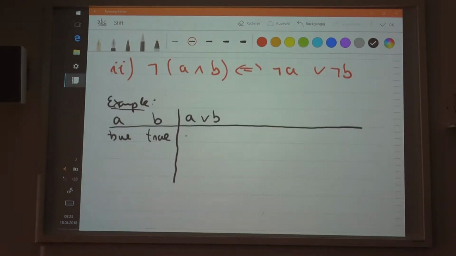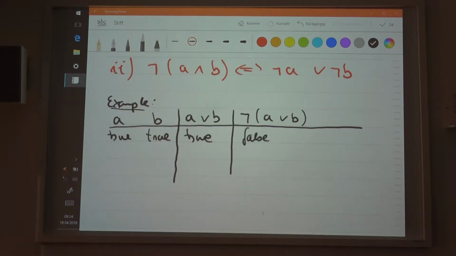So the disjunction is also true, obviously. And what about the negation of the disjunction in that case? If the disjunction is true, then its negation is what? Yeah, false. It's false, obviously.